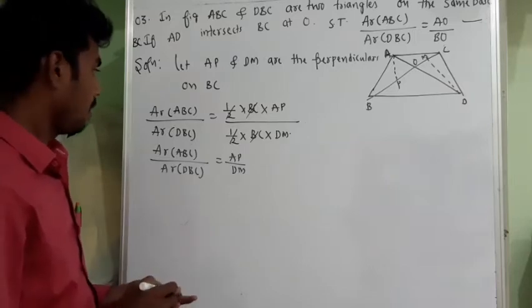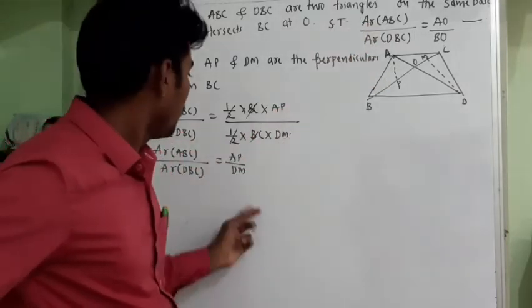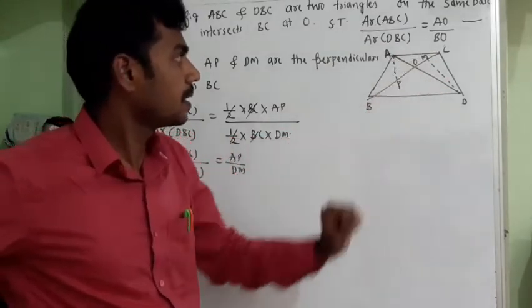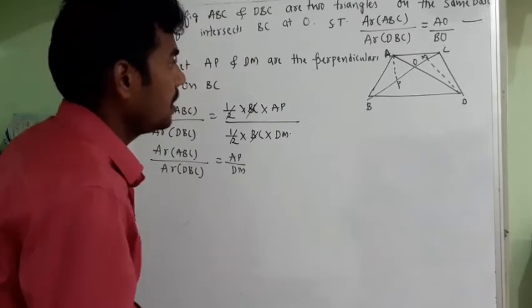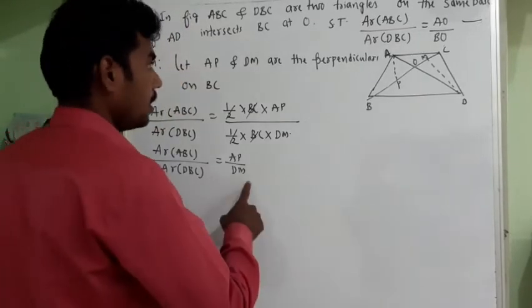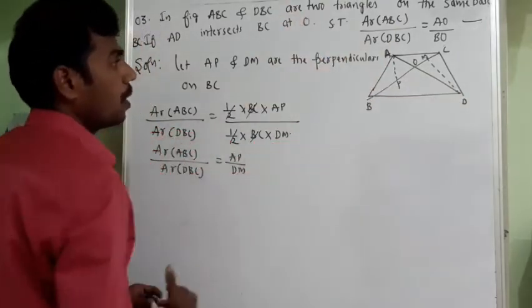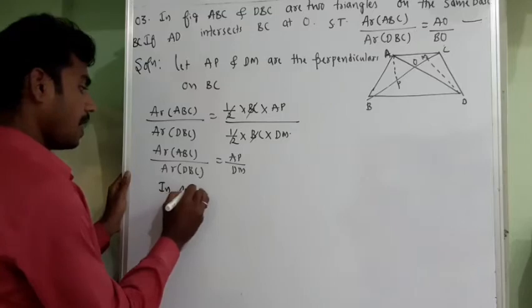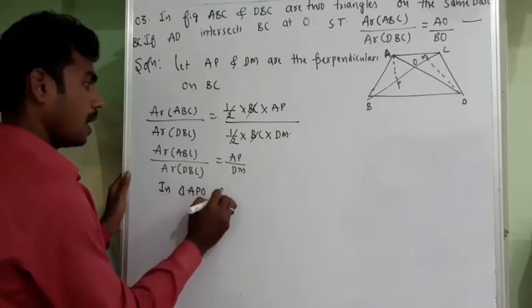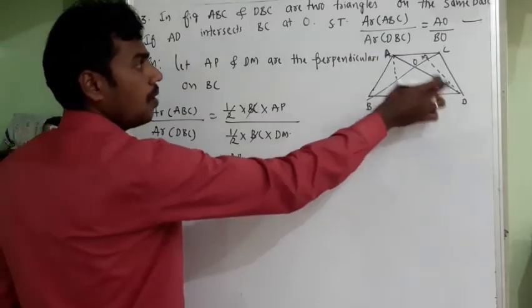See, AP is here and DM is here. So we consider triangles APO and DMO.